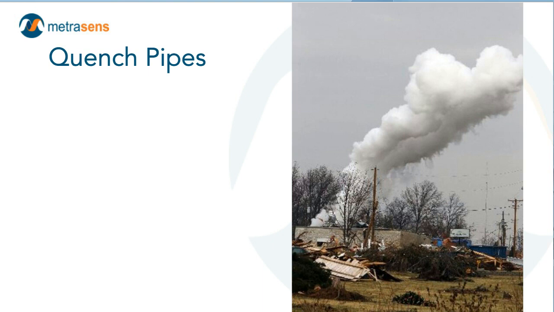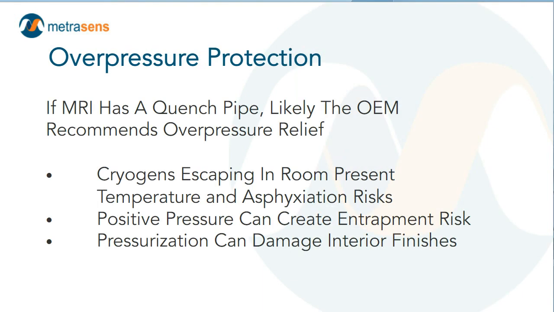The force of the ejection of helium gas can be really significant, which is why it's really important that we design the discharge parts of a quench pipe as safely as possible. If an MRI has a quench pipe, there are several things that the OEM typically wants to see.